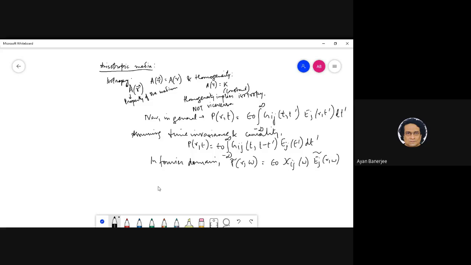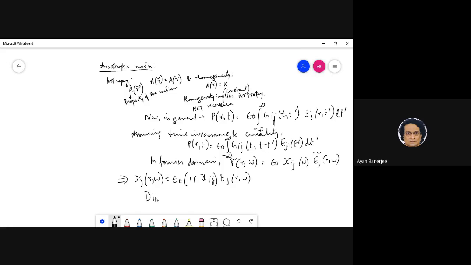So we shall quickly write down another relation. In general, we have, importantly, D_j(r, omega) is this, the displacement. We shall find that this assumes much more importance compared to this.